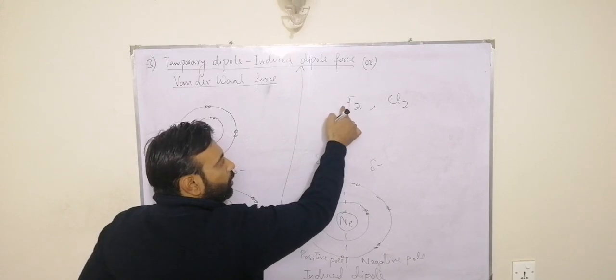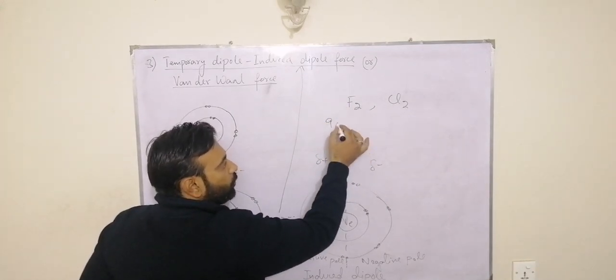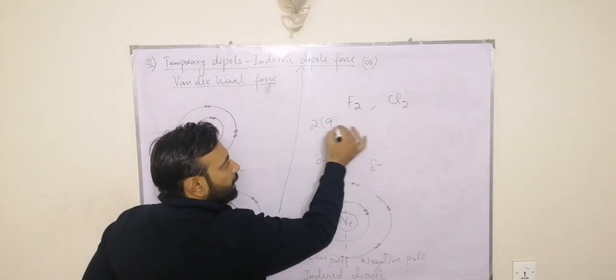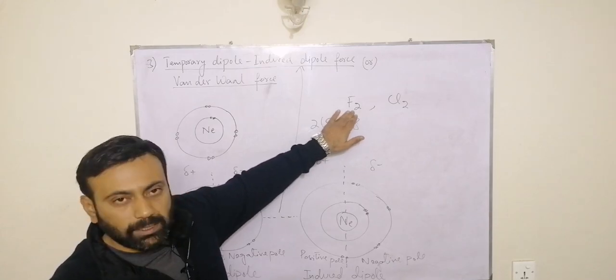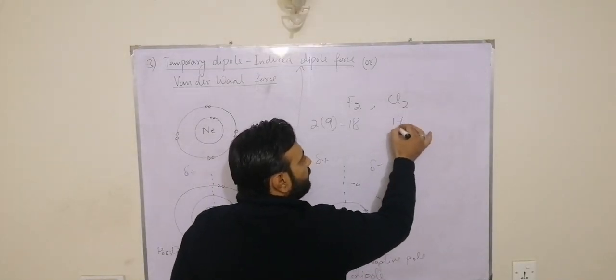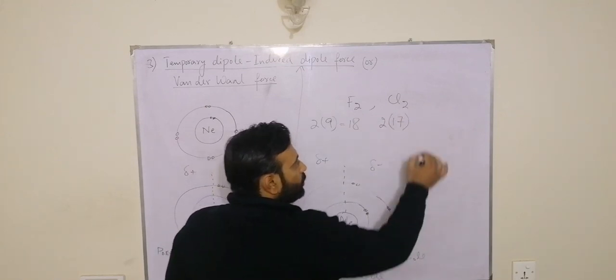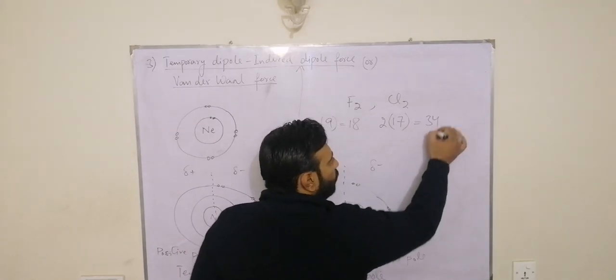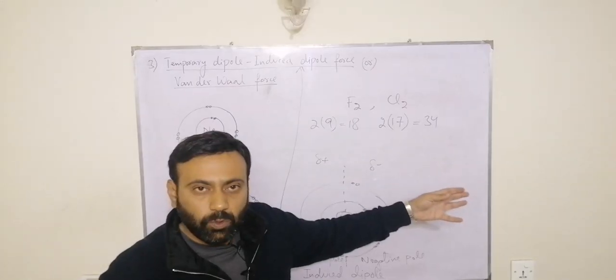The proton number of fluorine is 9, and there are 2 atoms of fluorine, so 9 times 2 is 18. There are a total of 18 electrons in this molecule. The proton number of chlorine is 17, and there are 2 chlorine atoms in total, so 2 times 17 is 34. The total number of electrons in a chlorine molecule is 34.